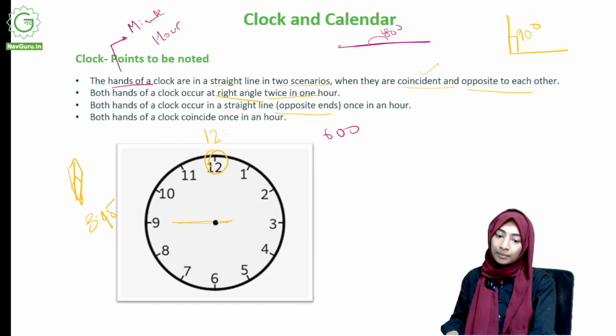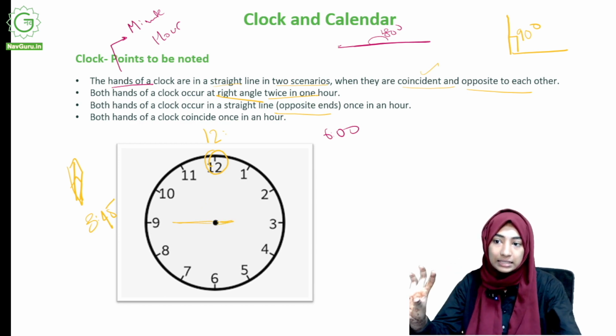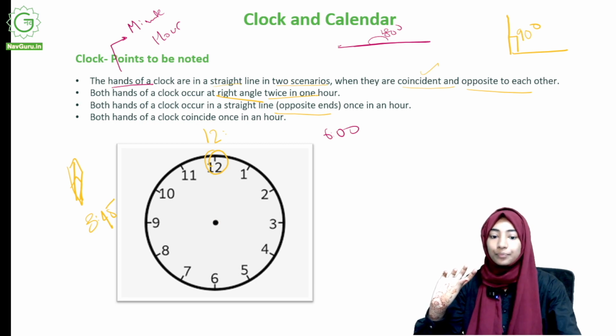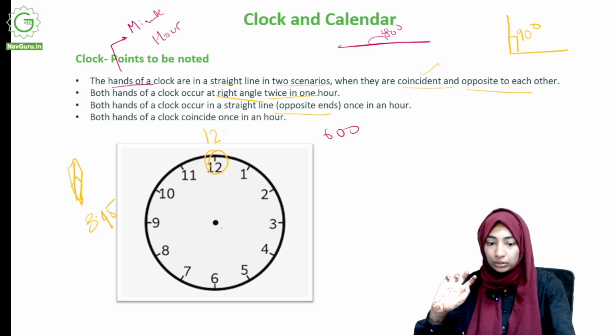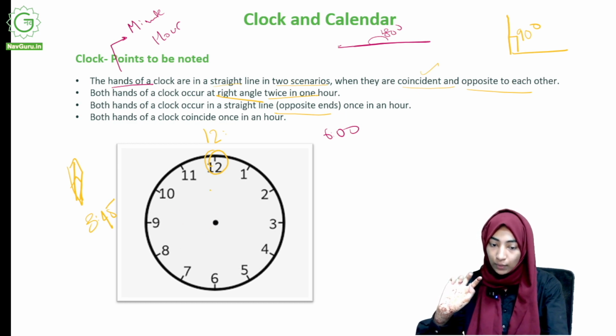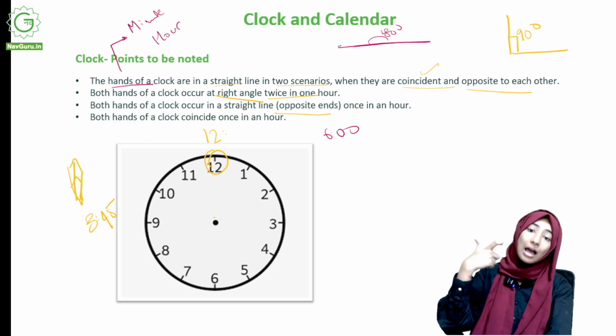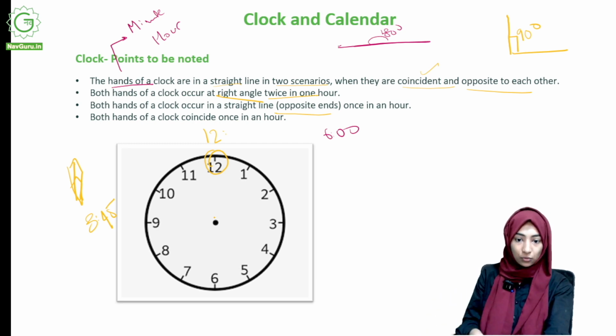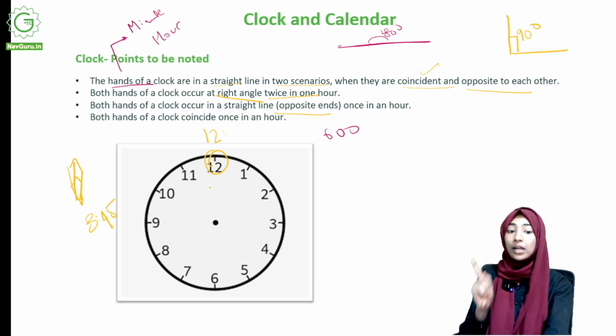See, the hour hand can have basically 12 positions. It can be at 1, 2, 3, 4, 5, 6, 7, 8, 9, 10, 11, 12. Now whichever position the hour hand is at, you can always draw a minute hand right opposite to it, right? But this happens only once in an hour.